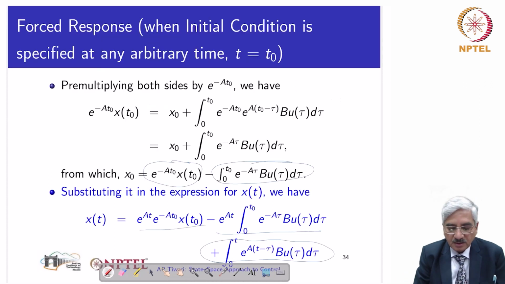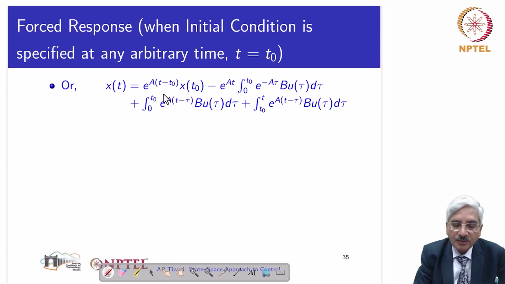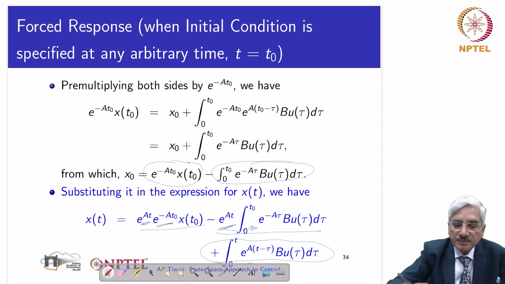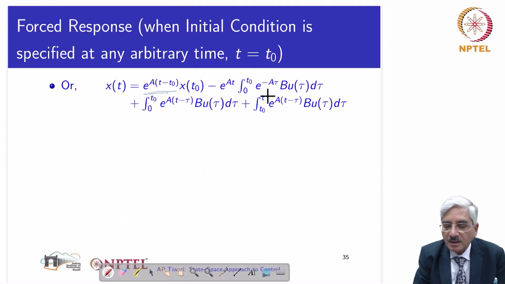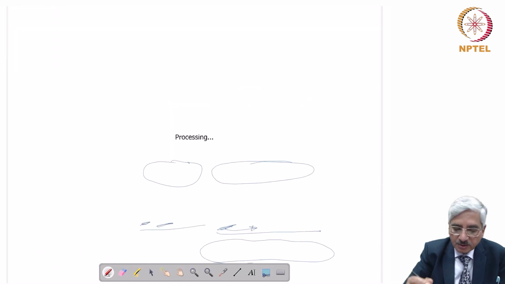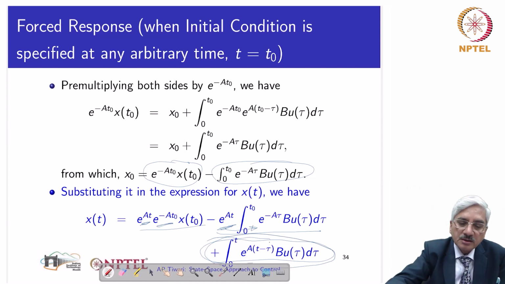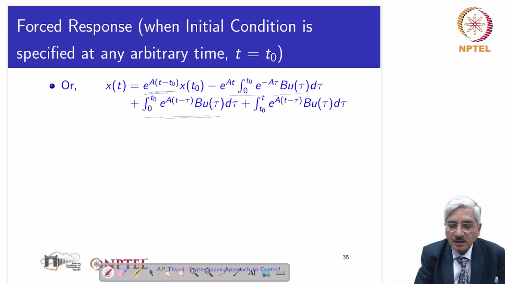The first term gives e^(At) into e^(-A t0), which is e^(A(t - t0)), and e^(At) goes inside the integral to give e^(A(t - tau)). This integral we have broken into two integrals, one from 0 to t0 and the other from t0 to t.